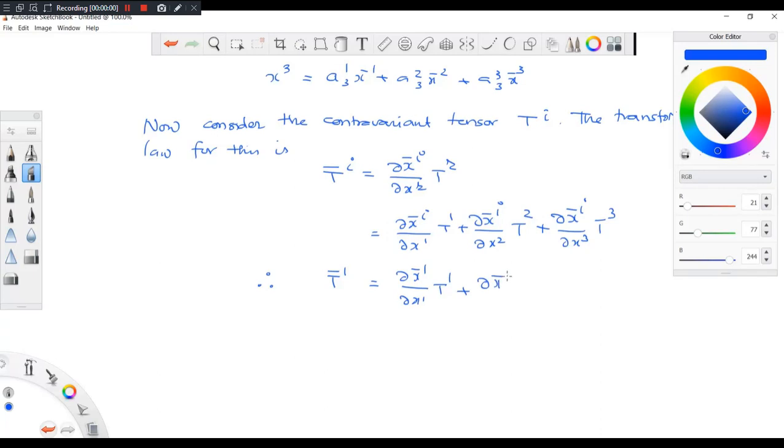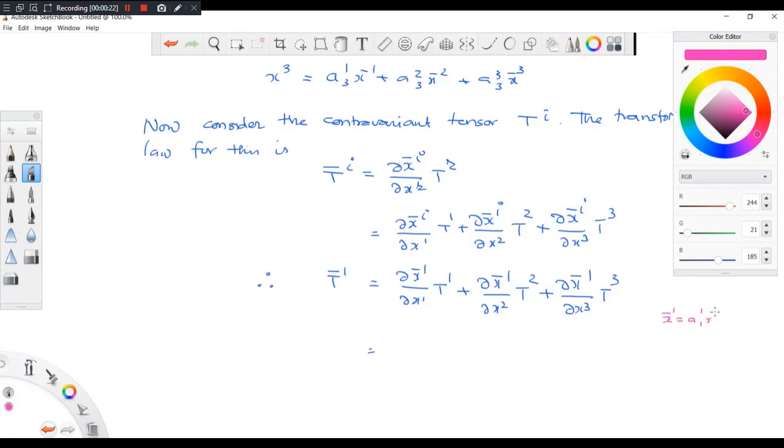del x bar 1 by del x2 T2 plus del x bar 1 by del x3 T3. Now suppose I substitute the values. Okay, so you know the transformation. Here I am writing x bar 1. What is x bar 1?